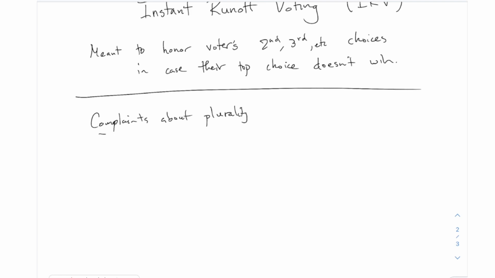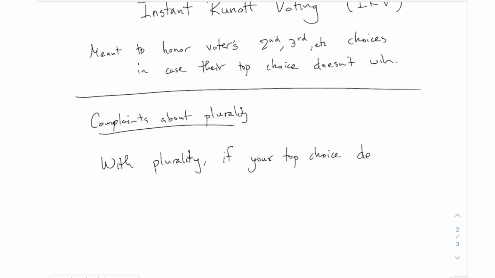One major feature of the plurality system is that if your top choice doesn't win, then your vote doesn't really count for anything.